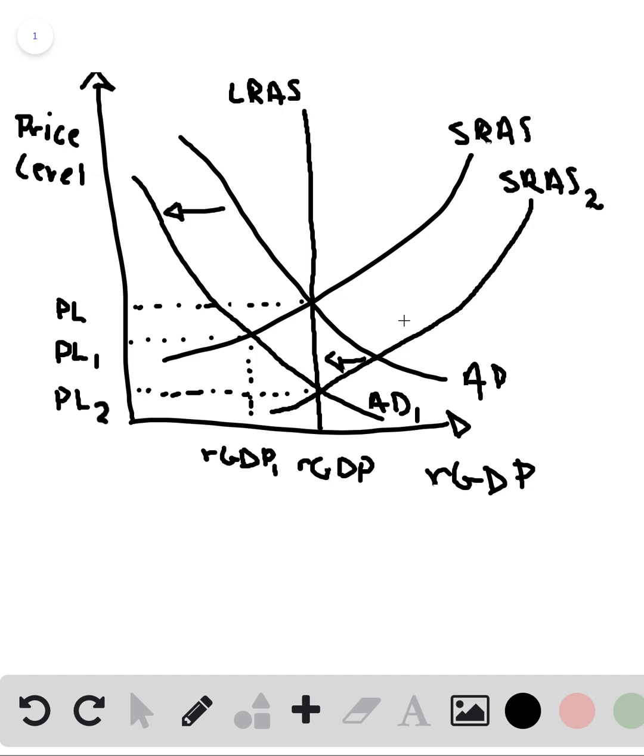So if we had a leftward shift of the aggregate demand curve, that means that there is lower demand. So it might take a really long time for this to happen, but after a certain amount of time, firms are going to start accepting a lower price. Workers are going to start accepting a lower wage.